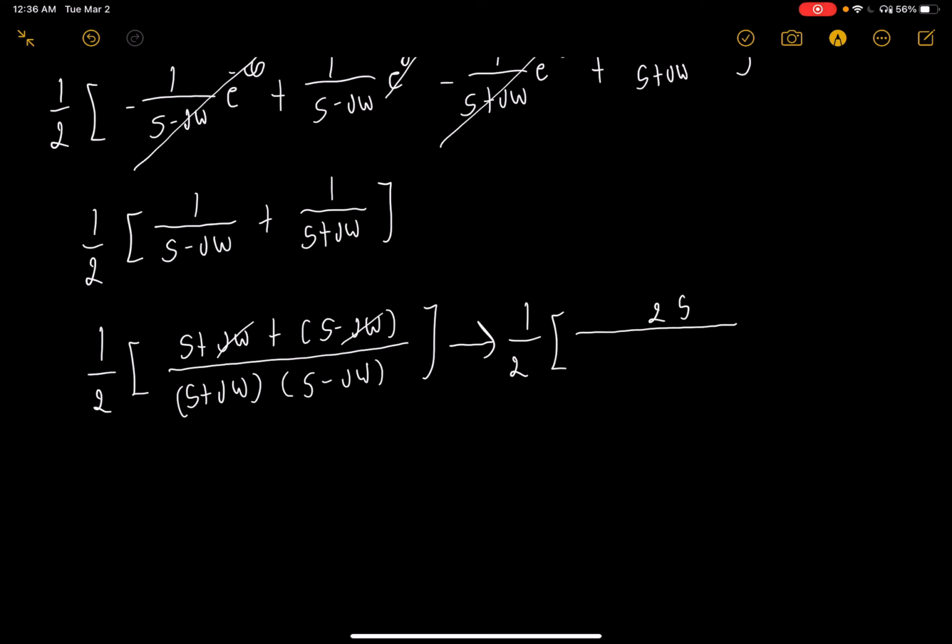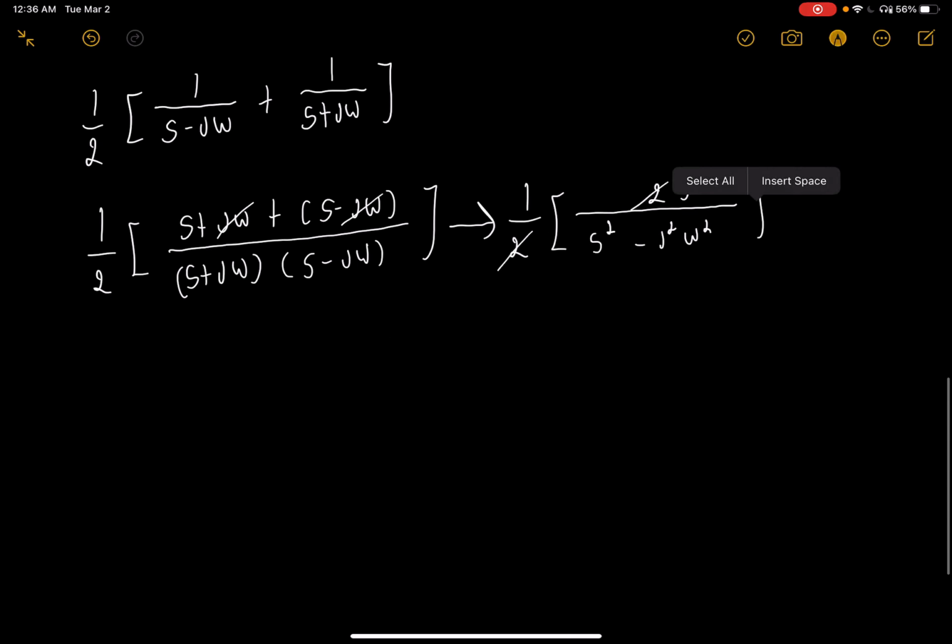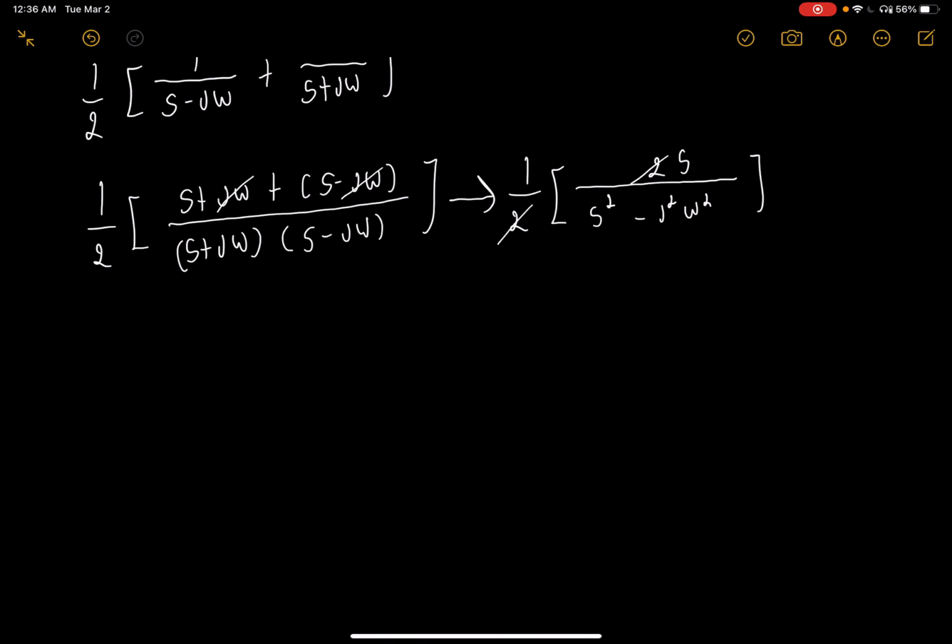And now we're going to have s squared minus j squared omega squared. Now we can cancel our 2's. And so what we have left is s over s squared minus j squared omega squared.